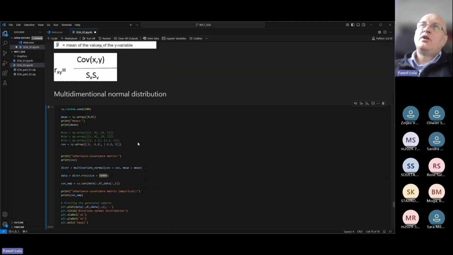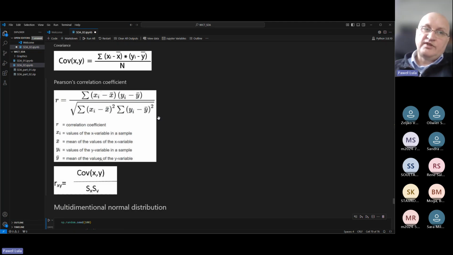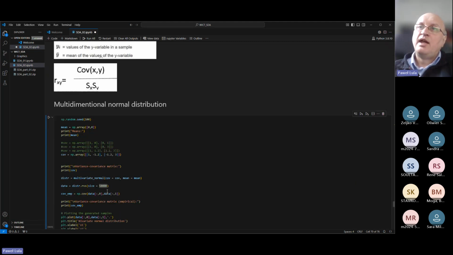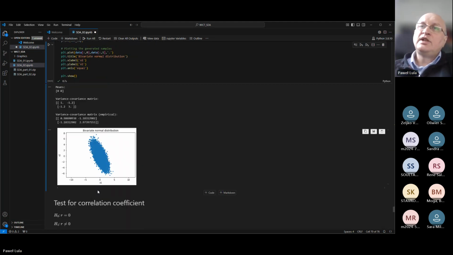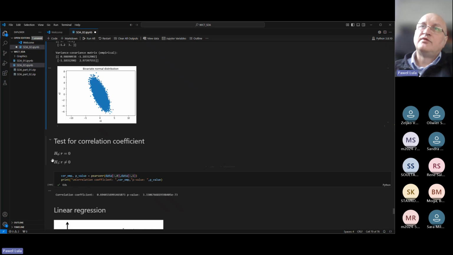And we also remember this formula. It is a correlation coefficient, which is calculated using covariance value, but it is normalized to the range from minus 1 to plus 1.